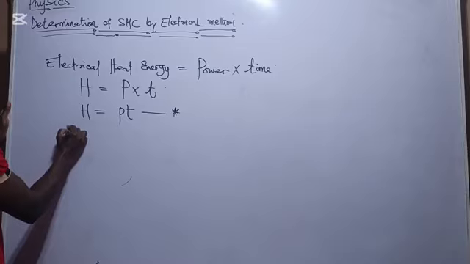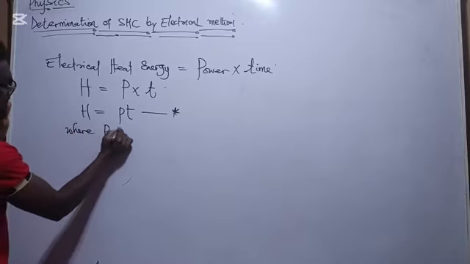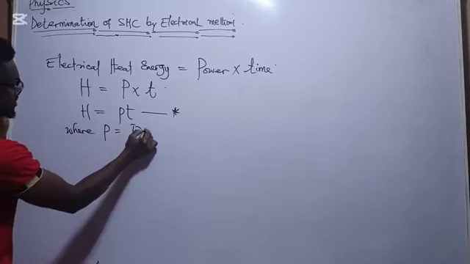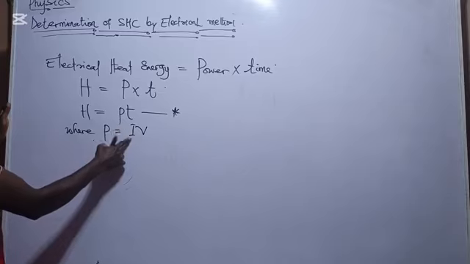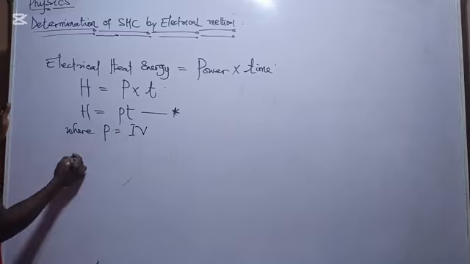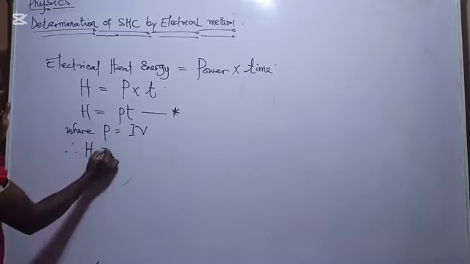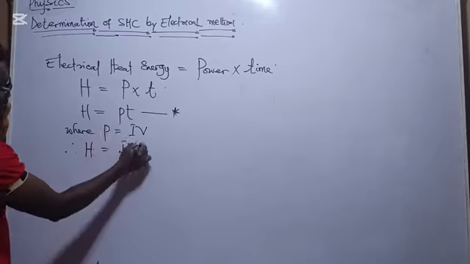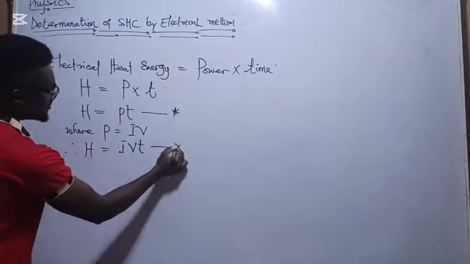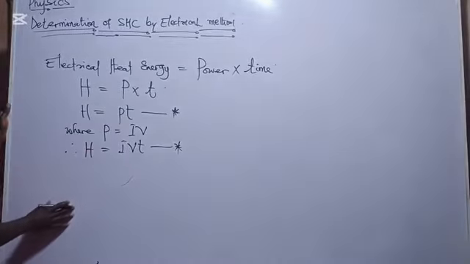So we have electrical power equal to current times voltage. Now, if you substitute electrical power, which is the product of current and voltage, then we have heat equal to IV, which is the power, times time. Then you have another formula for calculating electrical energy.